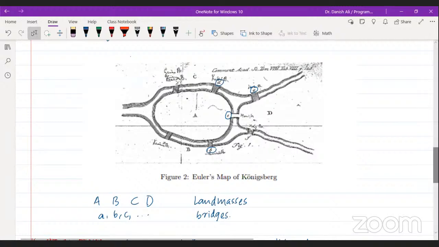But this is the key point of the graph theory approach, that there are two types of things or two types of sets. So first, he introduced two kinds of letters, one for the land masses, one for the bridges.